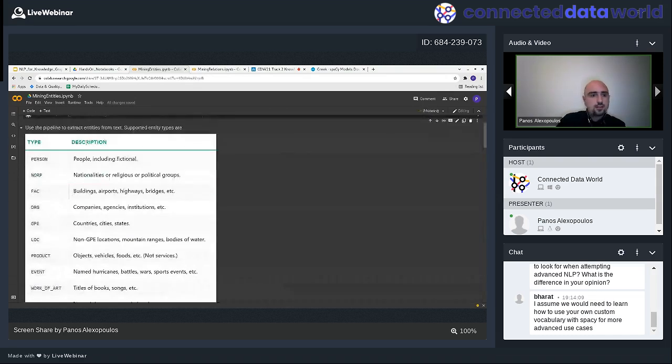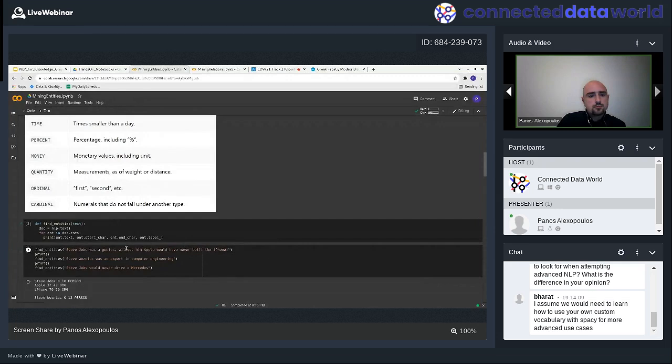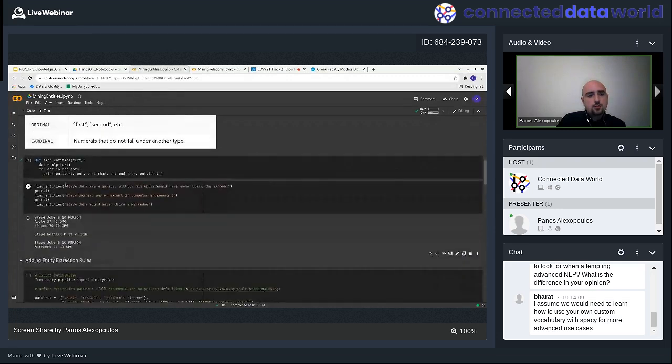If we run this, this is what we get. From the first text, spaCy inferred that Steve Jobs is a person, which is correct. Apple is an organization, but also iPhone is an organization, which is obviously wrong.